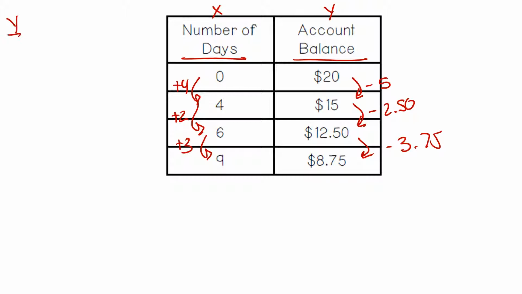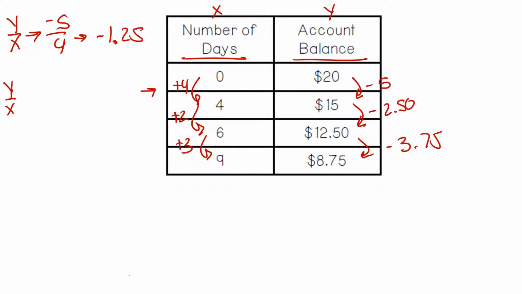It does not matter which section we choose to write as our fraction, y over x. The first fraction gives us negative 5 over 4, which cannot be reduced. If you were to change it to a decimal, since we are dealing with money, you would get negative 1.25.